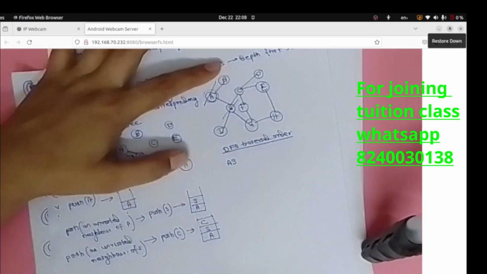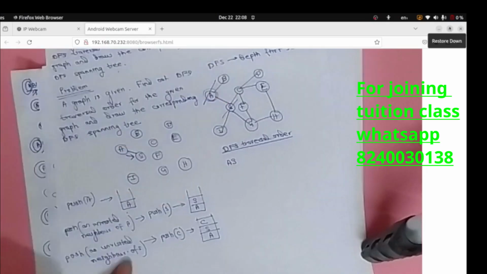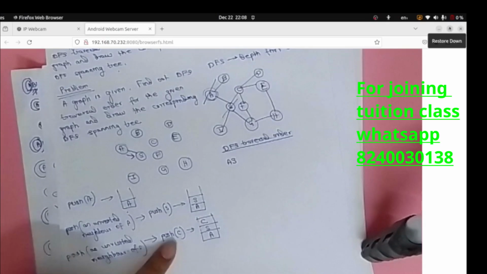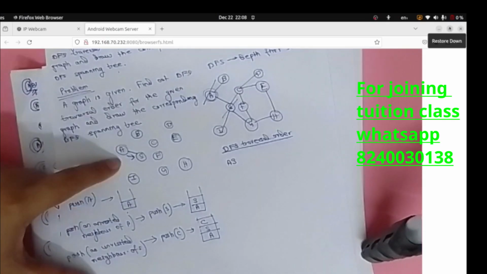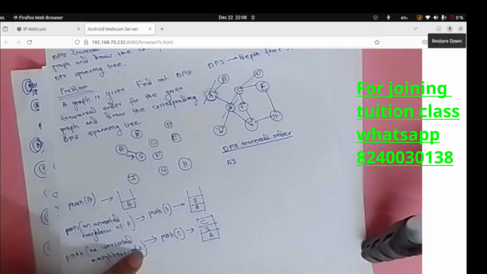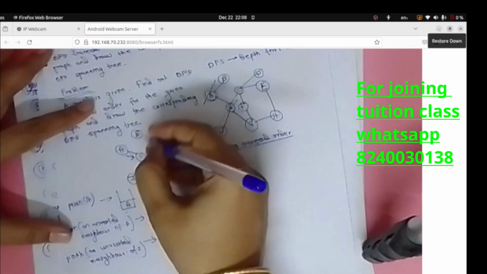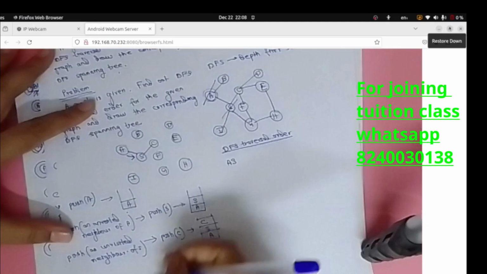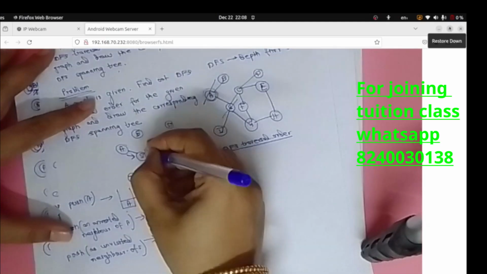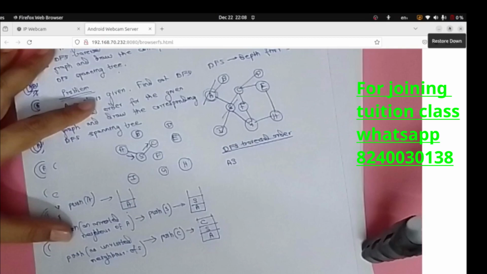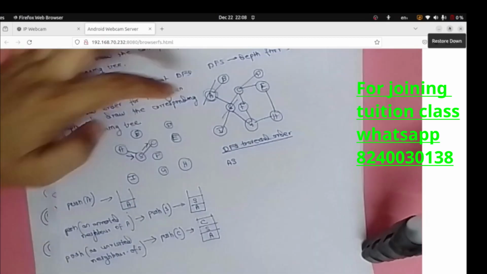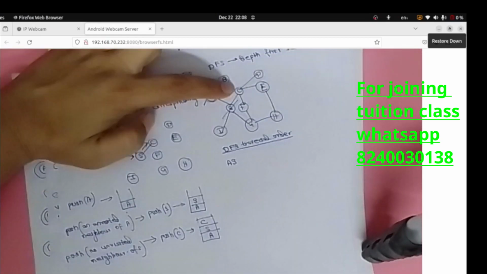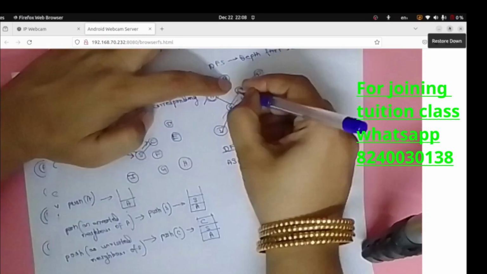And when C has been inserted, we have pushed a neighbor vertex of S, and the neighbor vertex is C. So in the spanning tree, we will move forward from S to C. So we connect this path S to C. That means we are moving from S to C. And as C has been pushed into the stack, this vertex is visited, so we make a cross here.